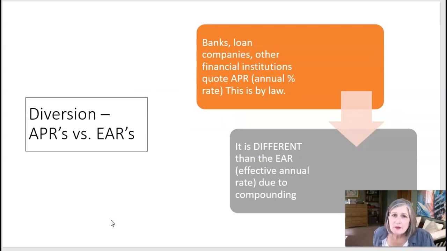While it is quoted this way by law, it is not the same thing as the effective annual rate. As you can imagine, once you have a 1% rate per month, you are going to end up compounding that interest over the period of 12 months. It's not the same as 1% times 12 in terms of what the effective annual rate is.